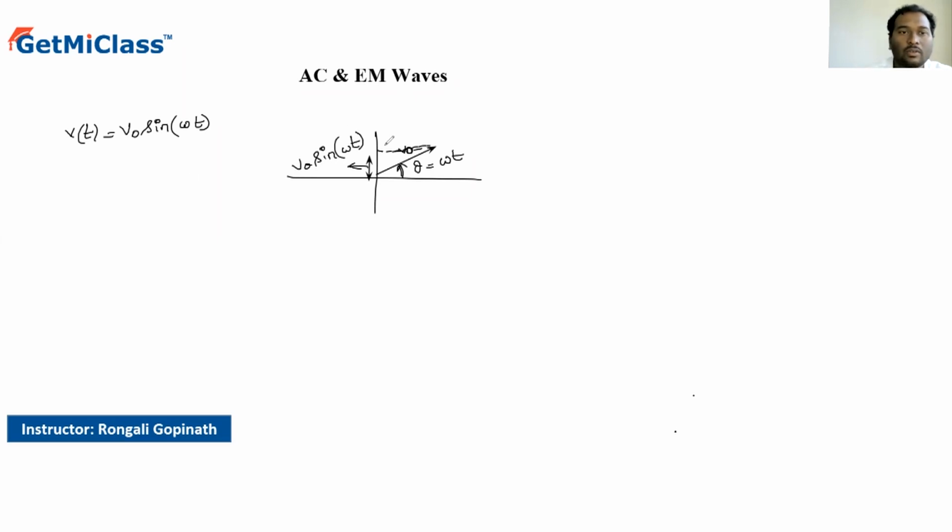Right? Now, let's say I have current I of t as I naught into sine of omega t plus phi. What is the meaning of this? The current is a little ahead in phase by phi. That means the phasor for current would be like this, having a different amplitude.